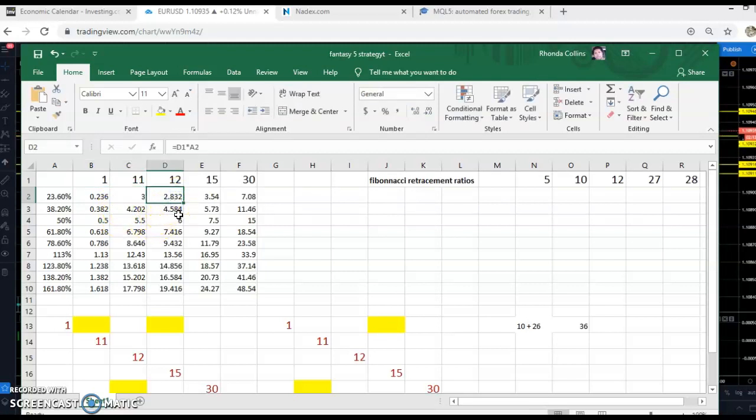And this would round up to a number 3. This, I can keep at 3, or I can take it to 4 if I want to. So I'm just going to choose to take it to 4. And this would stay at 7.